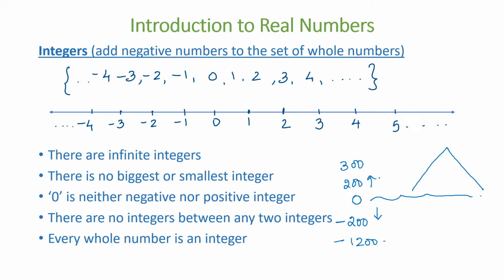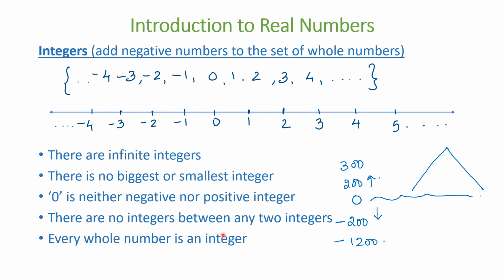So you can also see that the negative and the positive numbers are represented on the number line. There are infinite integers, which means you cannot have a biggest integer, neither can you have the smallest integer. 0, remember, is neither negative nor positive.